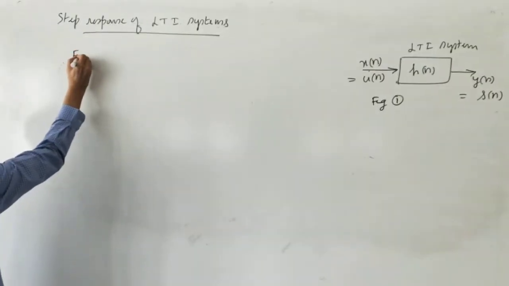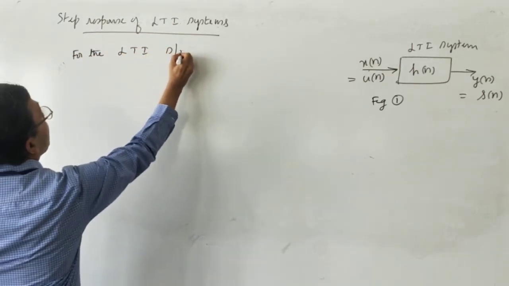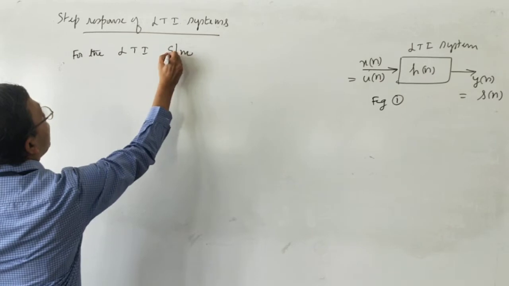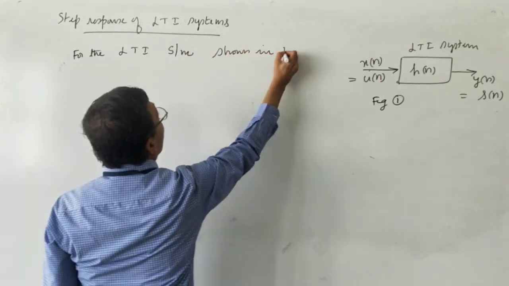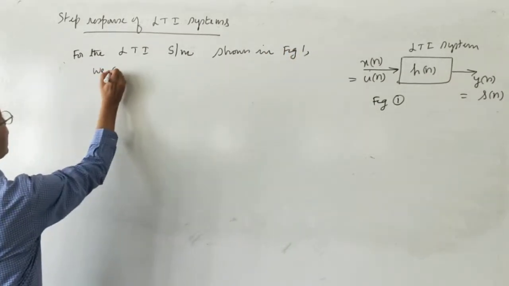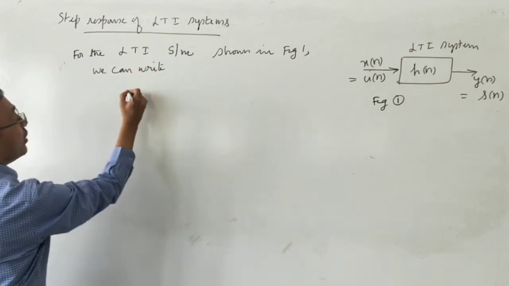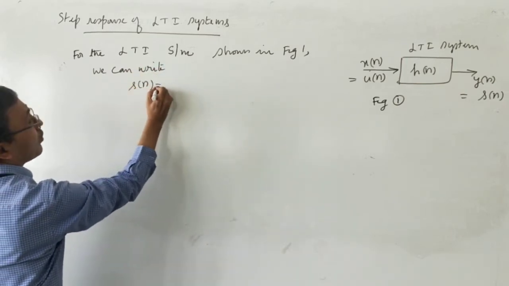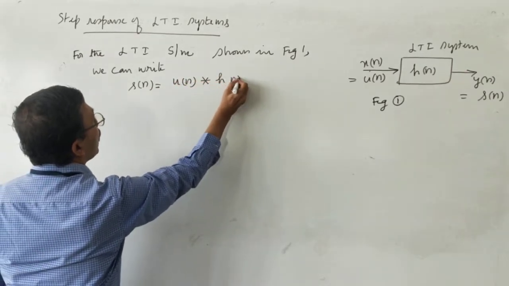For the LTI system shown in figure 1, we can write s of n equals u of n convoluted with h of n.